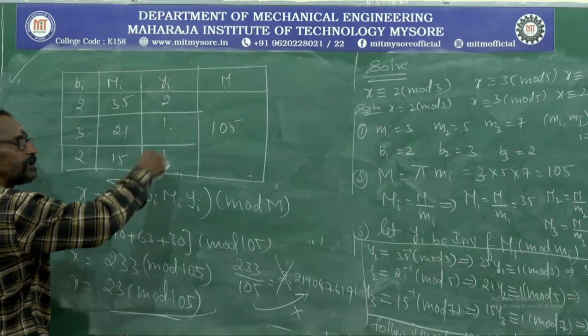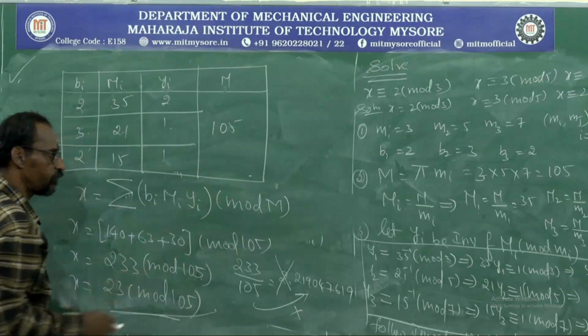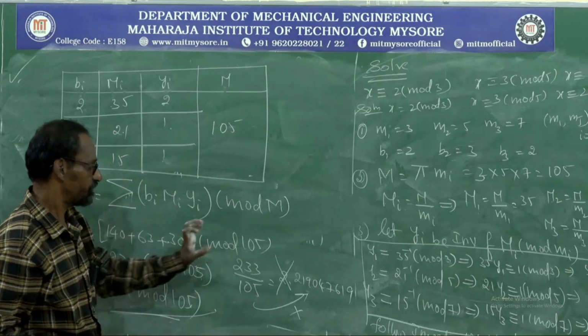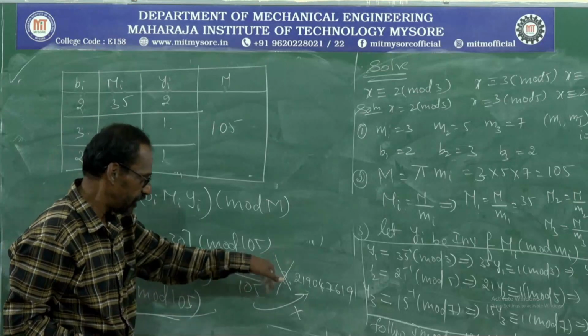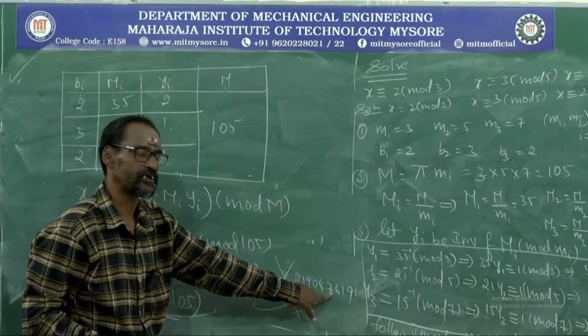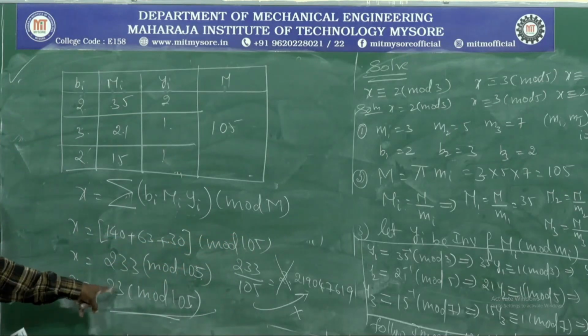After multiplying and adding, the value should not cross 105. If it crosses 105, divide the sum by that m value, get rid of the integral part, only keep the decimal, multiply back by the divisor 105, and I am going to get the answer.